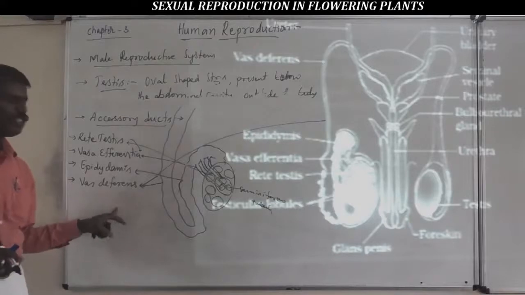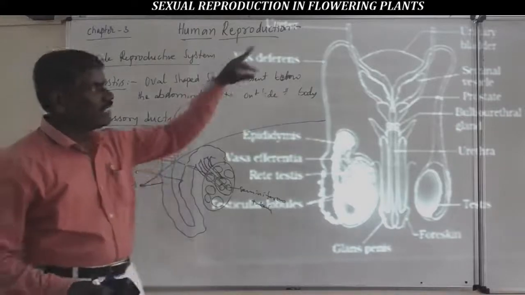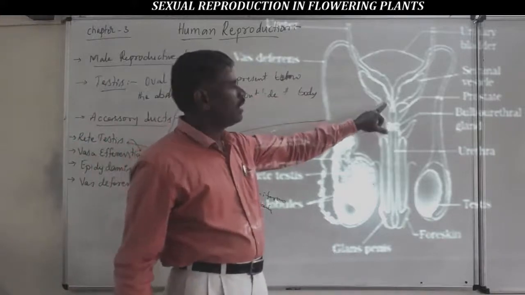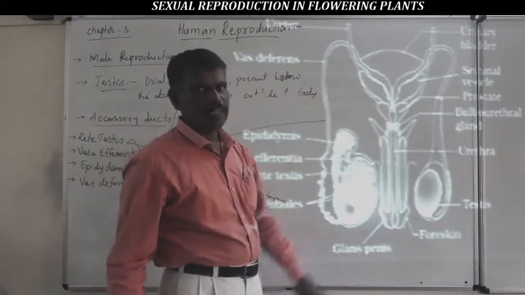The vas deferens joins up to the ampullary region near the penis.